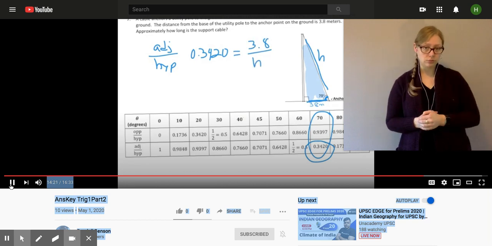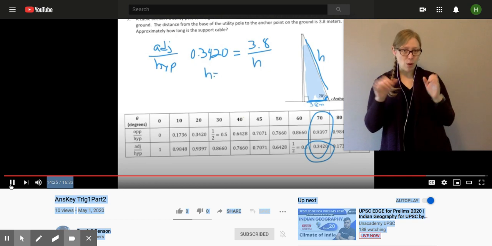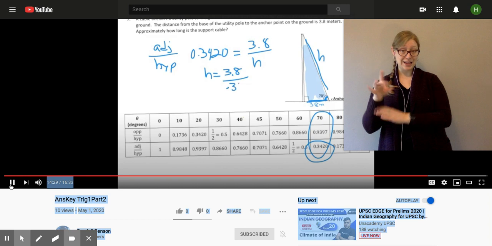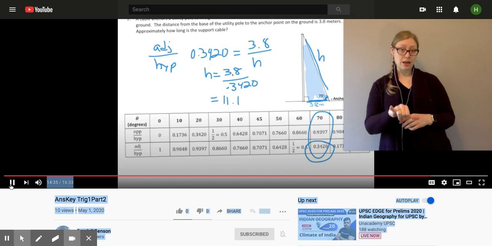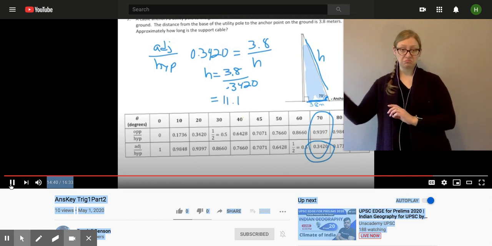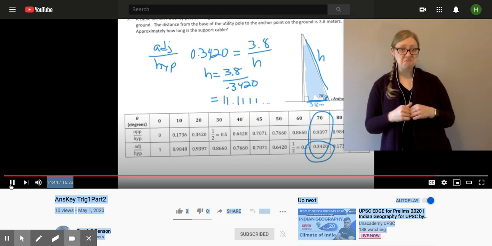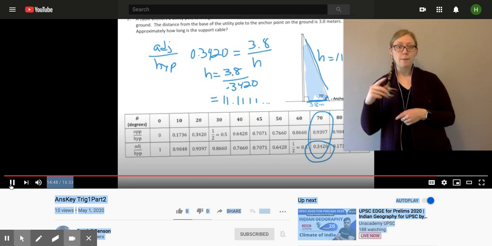And so I can cross multiply, or however I want to manipulate that, but h is going to be equal to 3.8 divided by 0.3420. And that turns out to be 11.1 repeating. So 11 and 1/9. And it keeps going. So we're going to just say 11.1. So this is 11.1 meters.